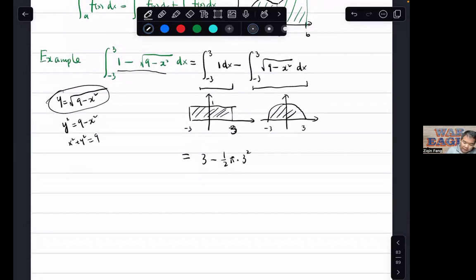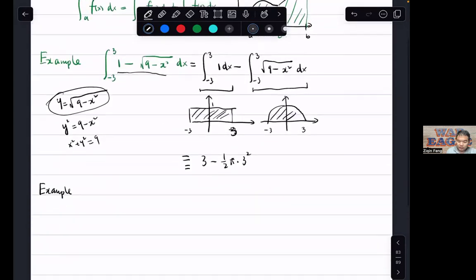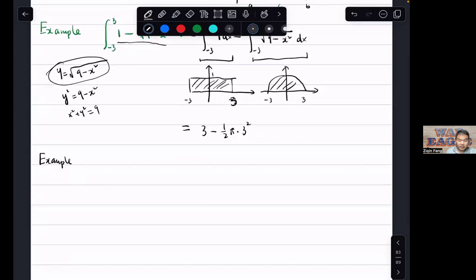Let's see one more example. Let's use our definition method to evaluate this integral. We want to evaluate the integral from -2 to 0 of 2x plus 1 dx.